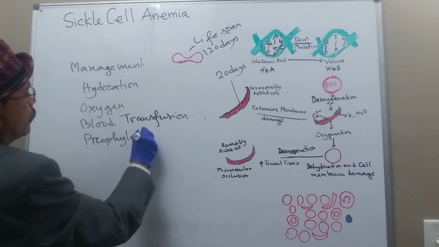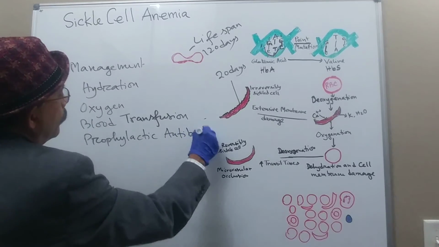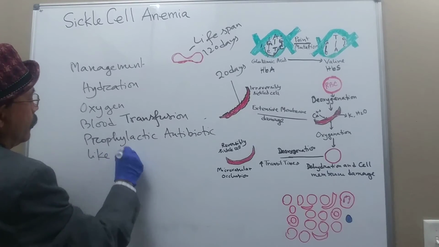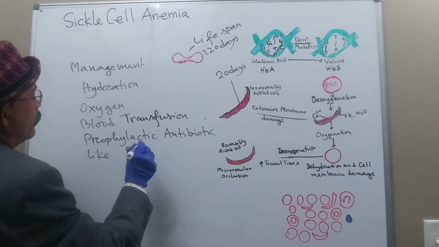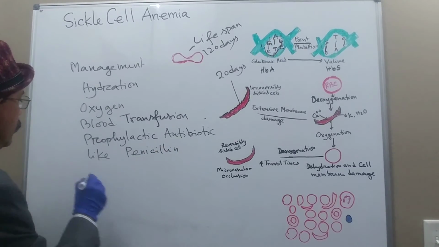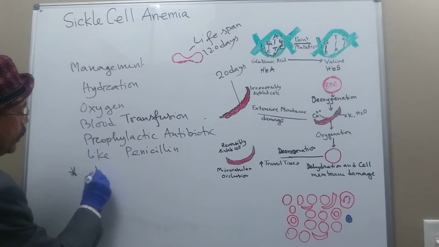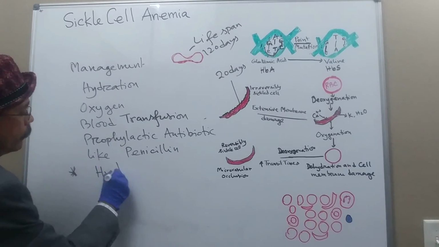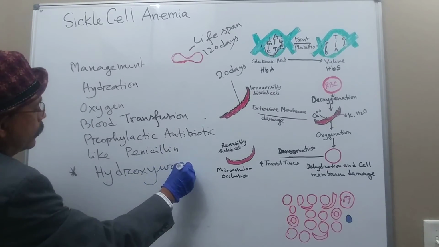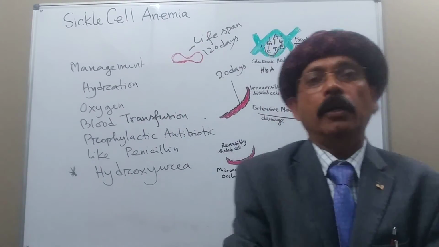We have oxygen, hydration, blood transfusion, and prophylactic antibiotics like penicillin, such as phenoxymethylpenicillin. And the very good hope is a medication called hydroxyurea. How does hydroxyurea work?